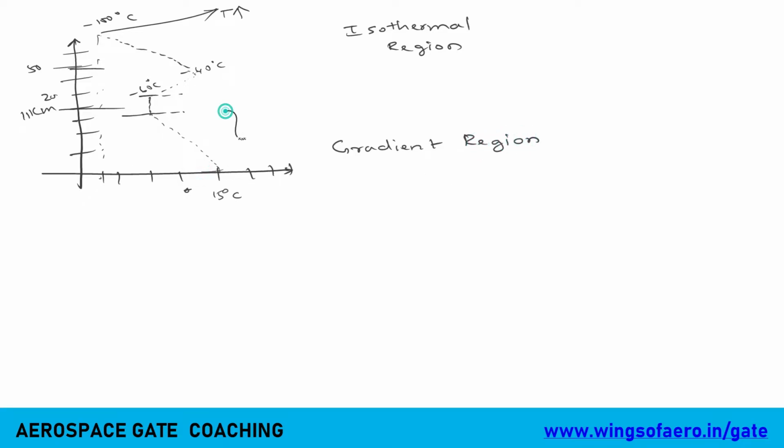That means this part is a gradient, and again this part is a gradient. What is meant by gradient? When there is a change in temperature with respect to change in altitude. This is what we identify with one word, lapse rate. Lapse rate is nothing but the change in temperature with respect to change in altitude.